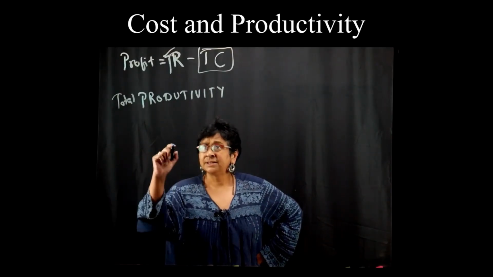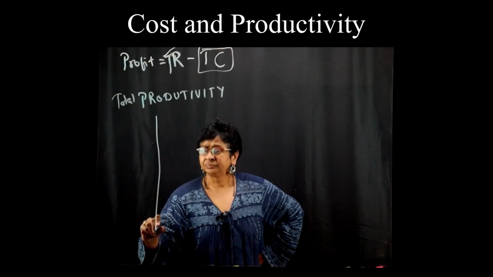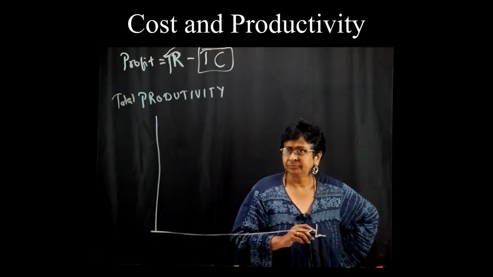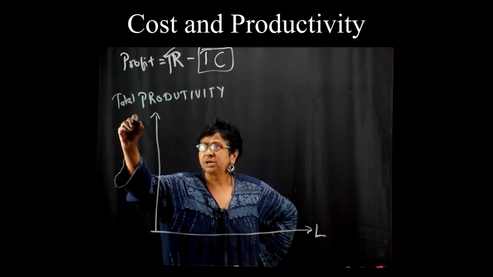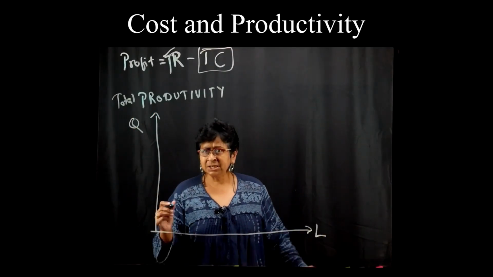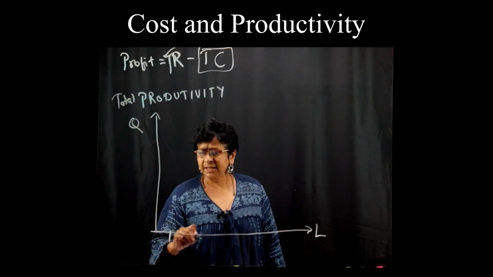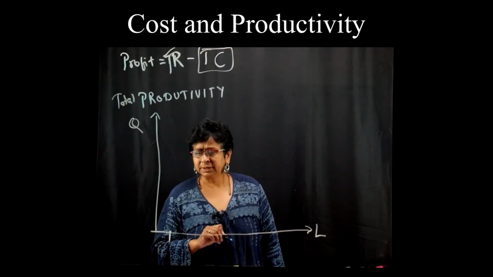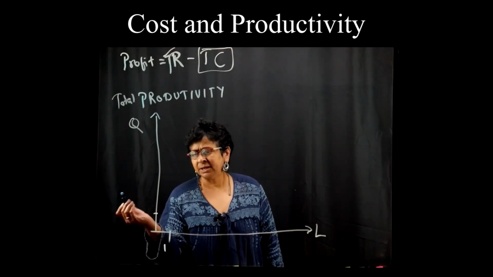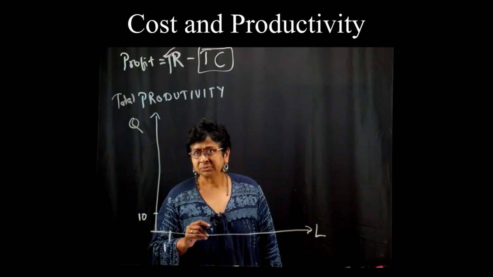Initially, let us say I'm going to put labor here, and I'm going to put output here. So initially, let us say I got 1 worker, right? This is 1 worker. And this person made 10 sandwiches. Right?